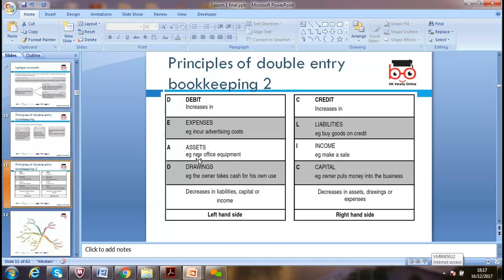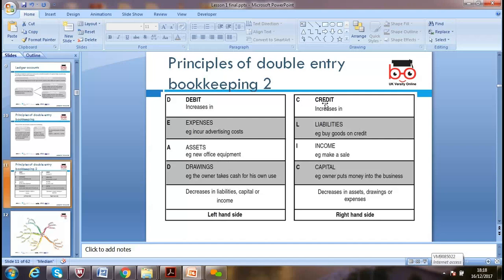When we buy any asset, increase in assets, we debit. And any money we draw for personal use, we debit as well. When these things decrease, we do the opposite. Normally we debit for addition, and for reduction we use the other side of the accounts, like plus and minus.